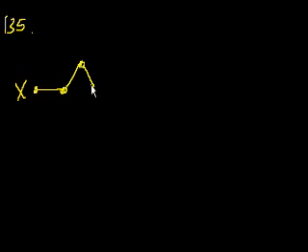Problem 135. Okay, interesting. Let's see if I can draw this diagram. So we start, this is x, and then it goes there. It has a diamond like that. And it goes like that. Then we have another diamond.